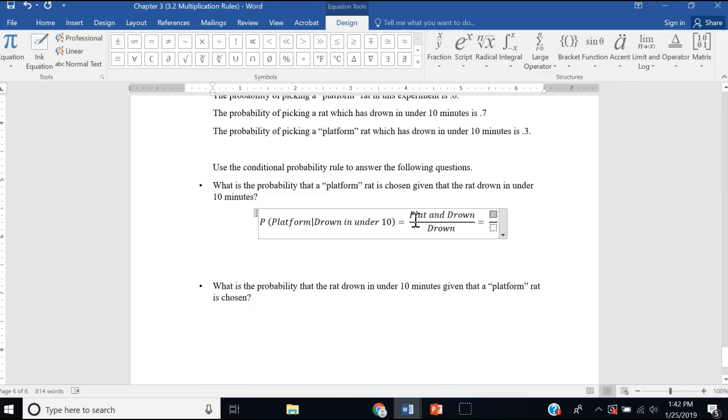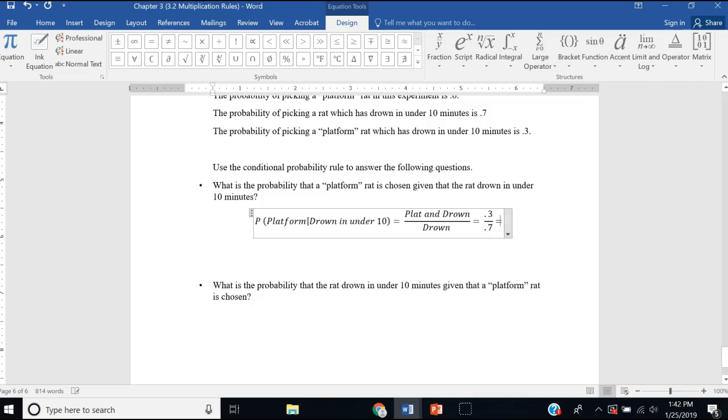Which rats had both traits? We don't know the number of rats who had both traits, but we do know the probability: the probability of picking a platform rat which had also drowned in under 10 minutes was 0.3. So on the top, I just have to put 0.3. And on the bottom, I just have to find the probability of picking a rat which has drowned in under 10 minutes. Again, that's 0.7.